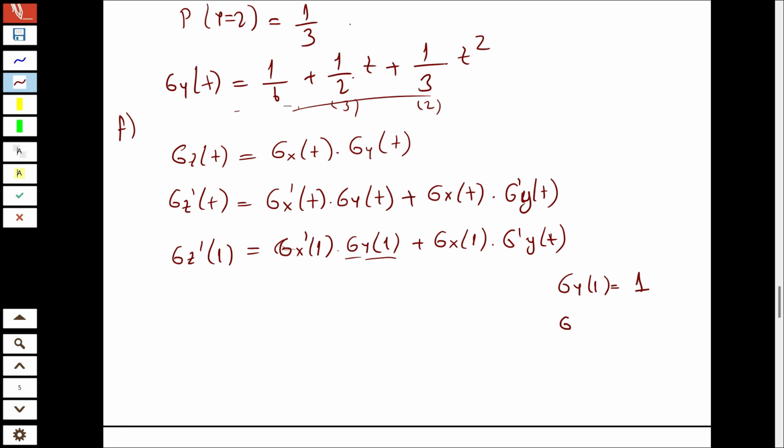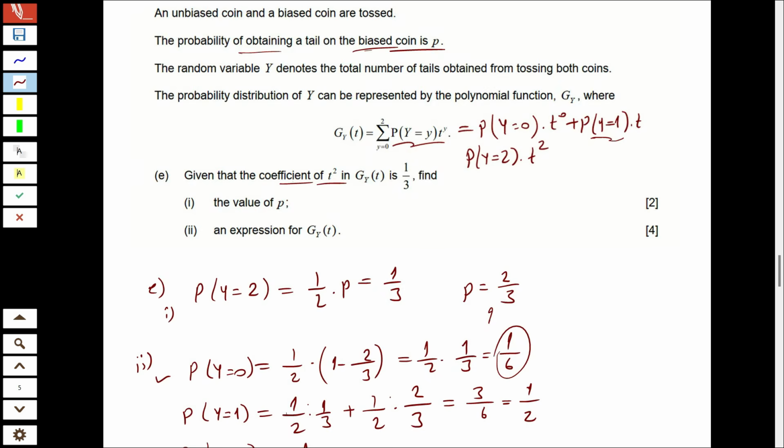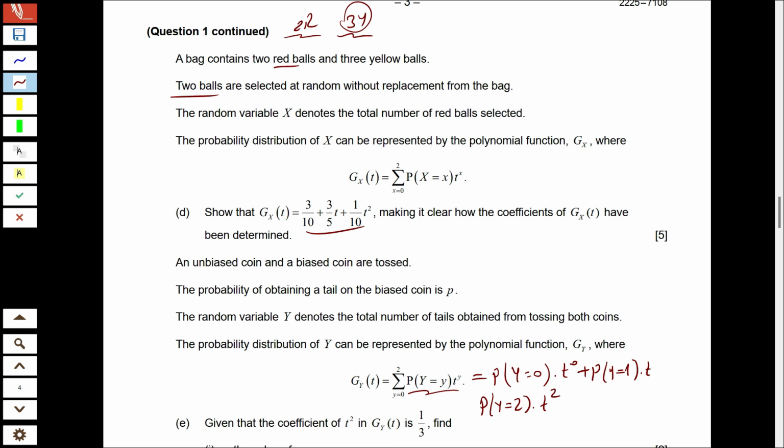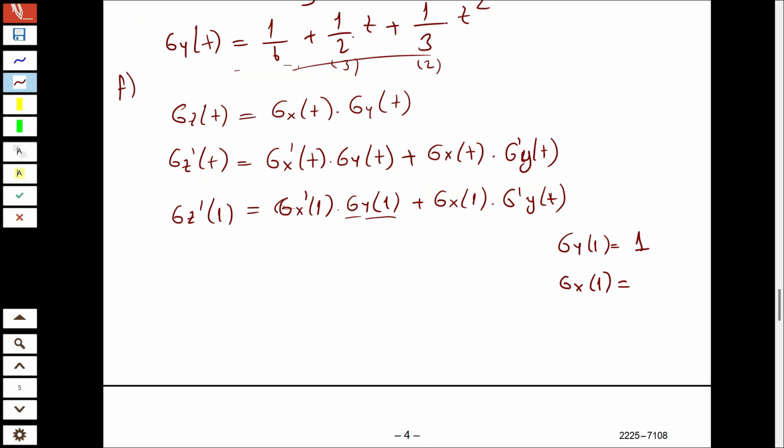In the same manner, v sub x at the point 1 will be 1, because it gives 10 over 10, which is 1, okay?